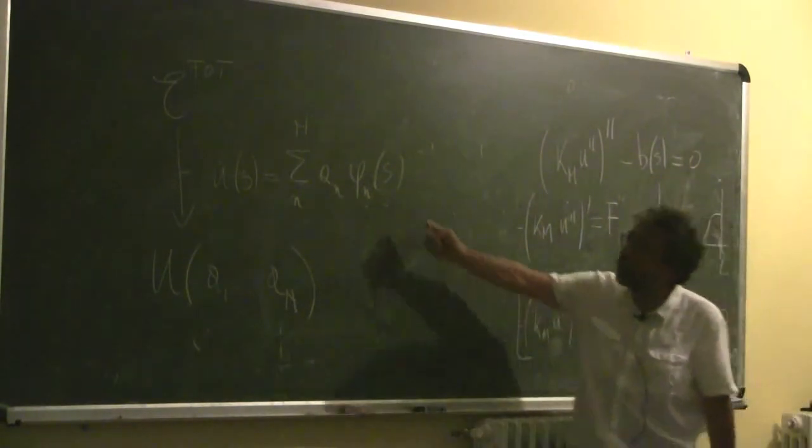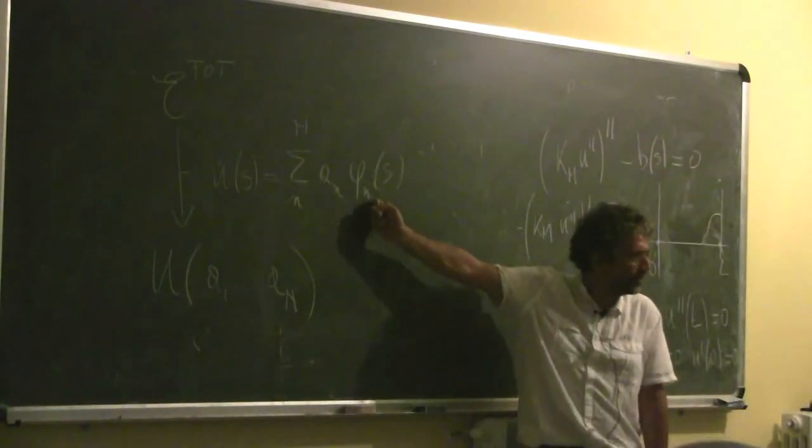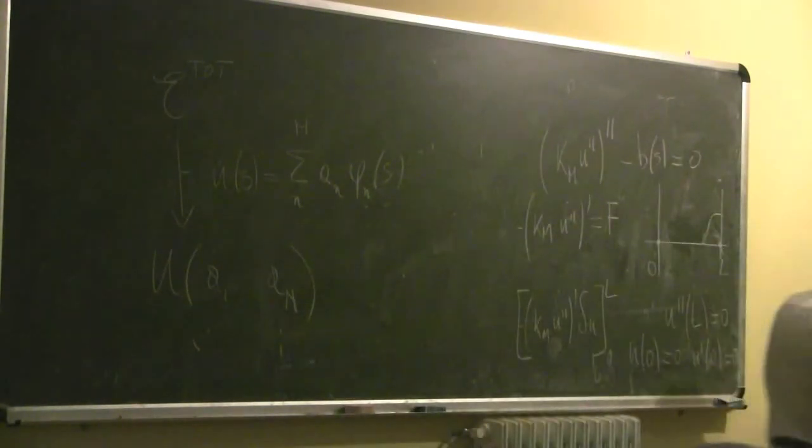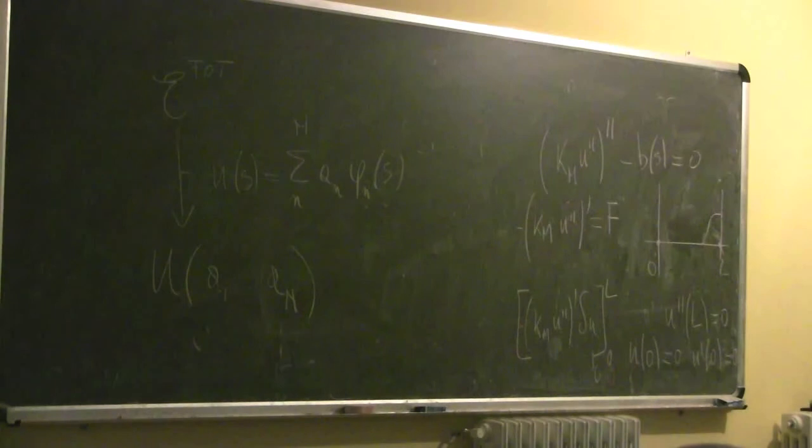Now, I don't know who among you asked me about locking. If I don't choose phi_n in the right way, I don't get the right result. Why? Because if phi_n are linear, I calculate the second derivative, I get 0.